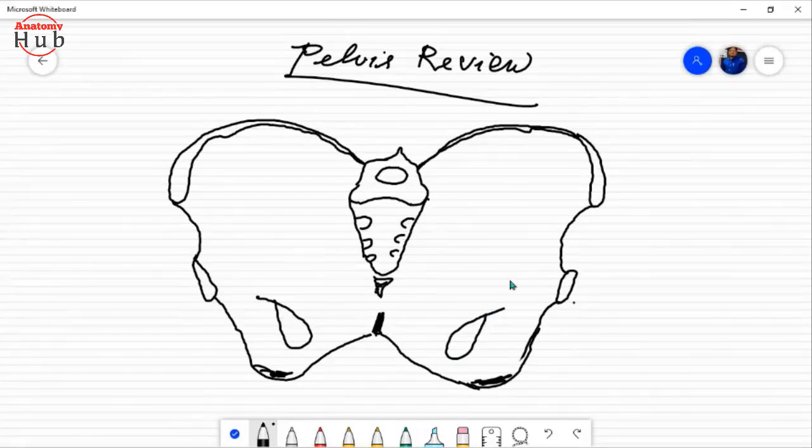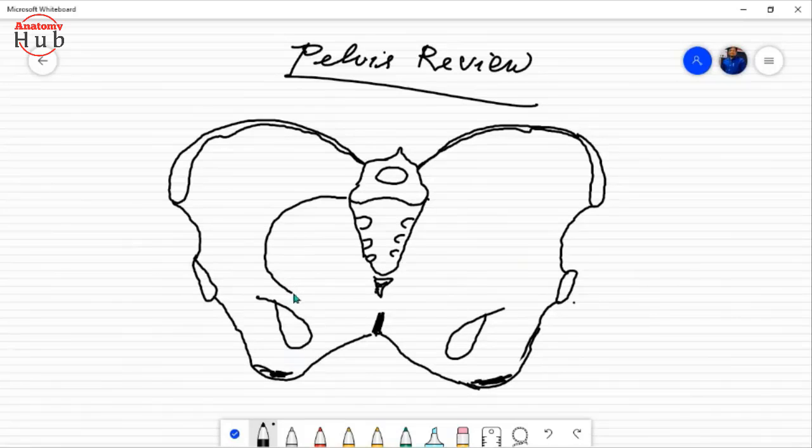This obturator foramen indicates that this is the ischiopubic ramus. Okay, and from here you will see the presence of your arcuate line. That arcuate line is coming towards the ilium and the ischium, right?